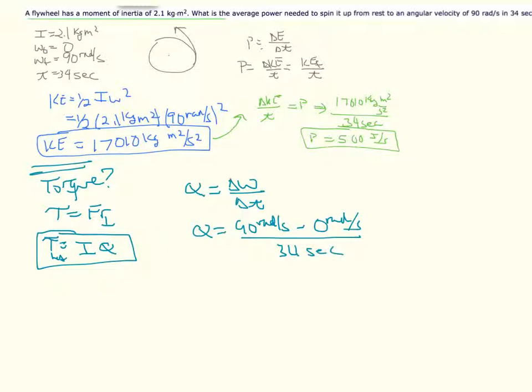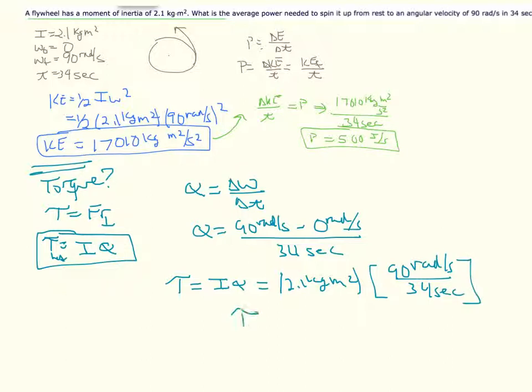And so if torque is equal to I alpha, then what I'm really saying is the I is 2.1 kilogram meters squared times the alpha, that 90 radians per second over 34 seconds. And so I find that the torque is equal to 5.56 Newton meters. Okay, and so that's all there is to this problem.